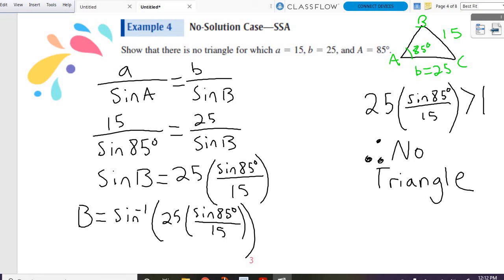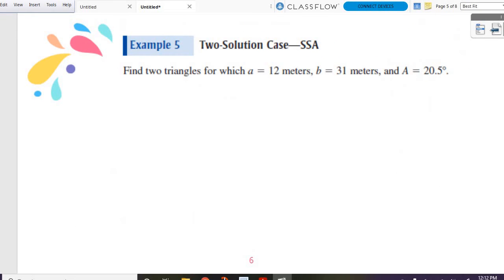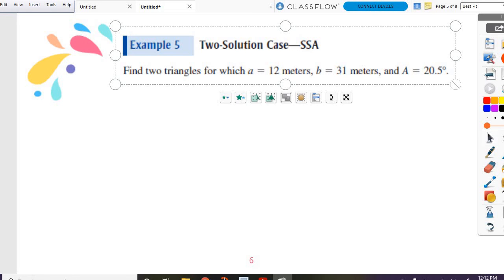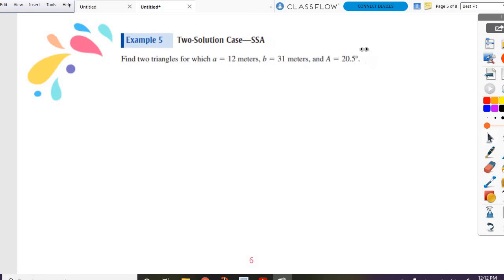Any questions about that? Alright, so we covered one solution, no solutions. What's our last option? 2 solutions. Alright, so again, let's draw a triangle.